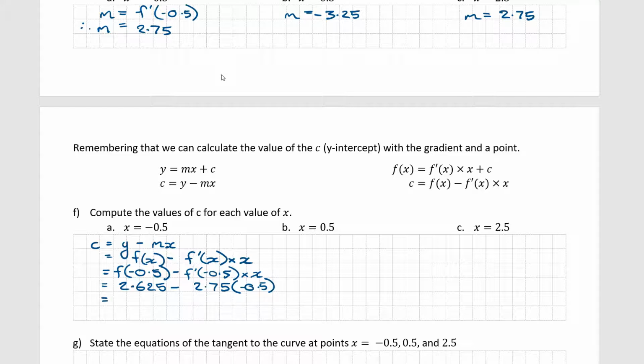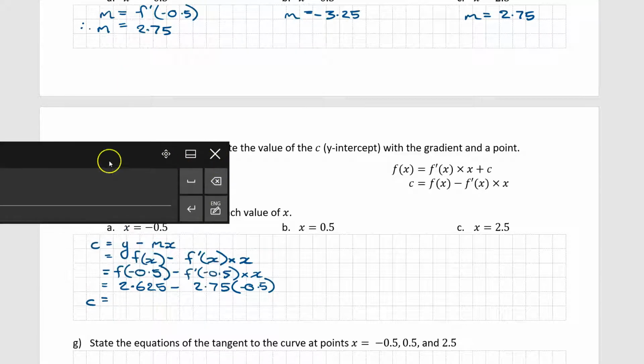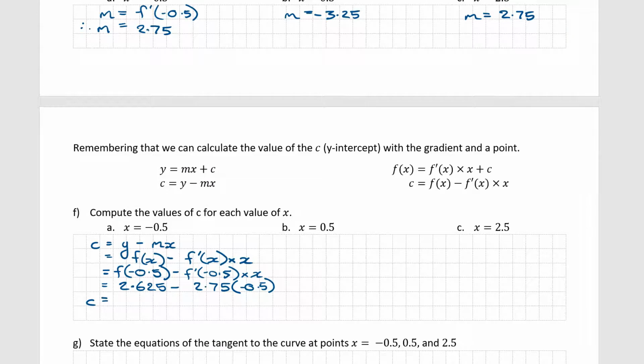Now, calculating this value using our calculators, we find that we get a nice convenient number of c equals 4.